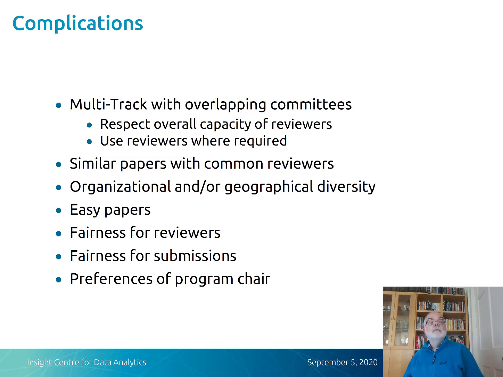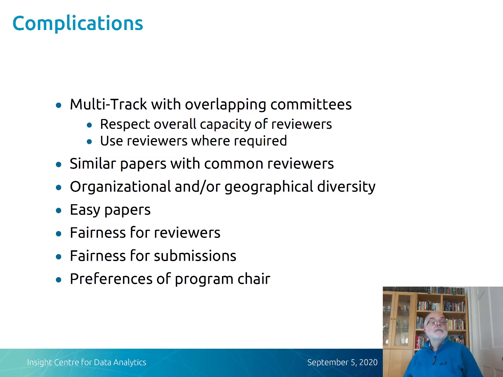We want to achieve a certain amount of diversity, either looking at the organizations where reviewers come from or the geographical regions. We have special constraints for easy papers, let's say short papers, that should not be assigned to people who don't have a lot of reviews to do anyway. We obviously want to achieve a certain amount of fairness for reviewers and for submissions, so that we don't have some papers or some reviewers where all preferences are satisfied and then others where none of the preferences are satisfied.